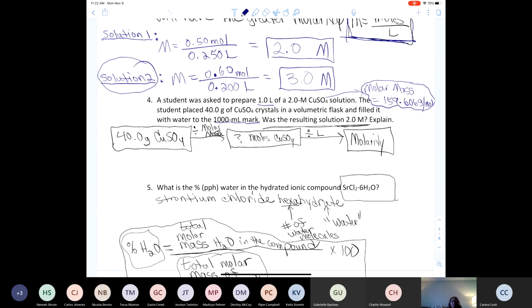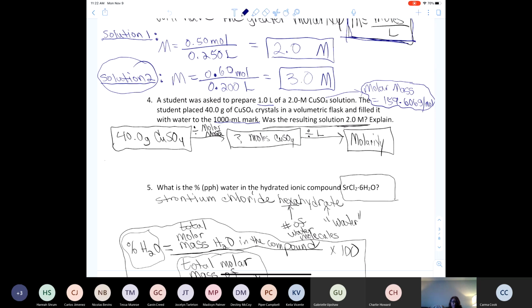So does anyone have an answer to that question? Is the solution that the student made 2.0 molarity? So Ewan says no. What was the concentration that the student made? Ewan said it was 0.251 molarity.